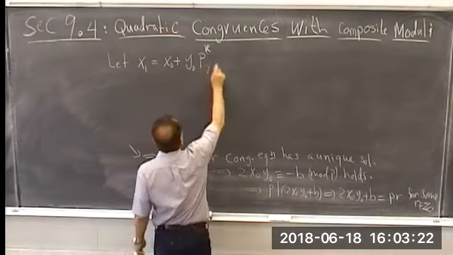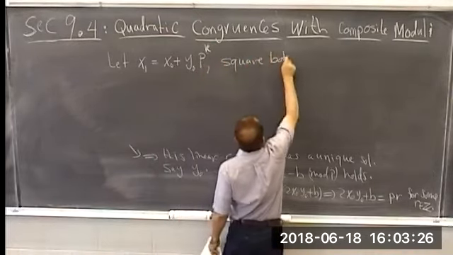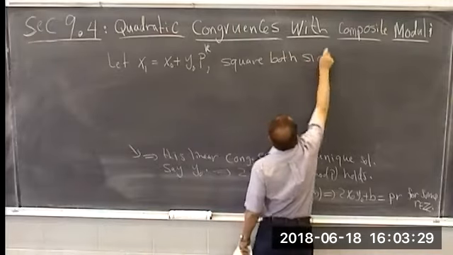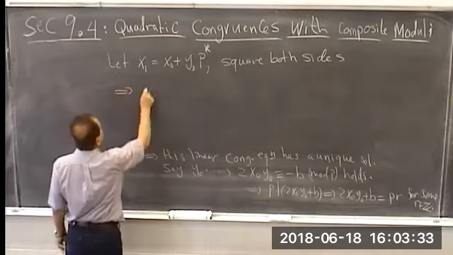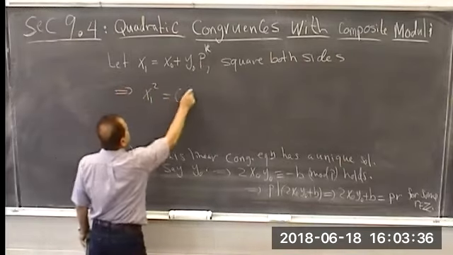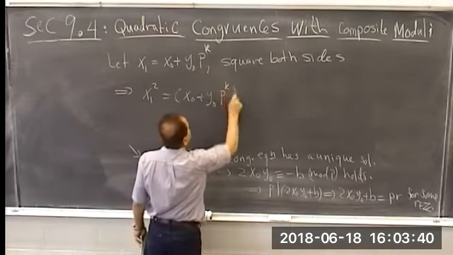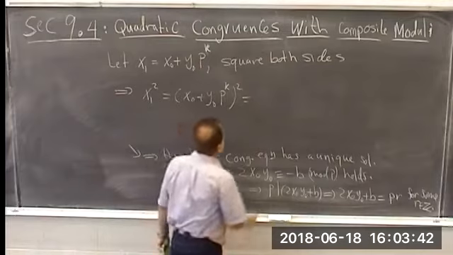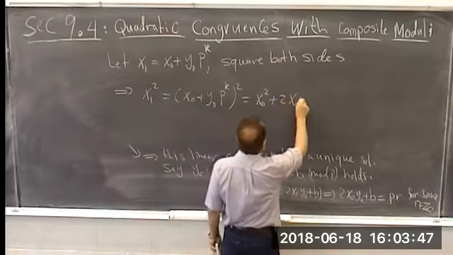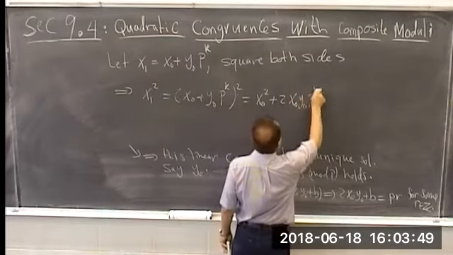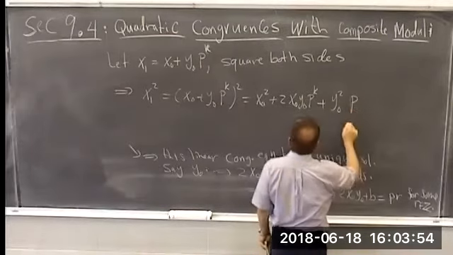Then we're going to square both sides of this. And this implies that x1 squared is equal to x sub 0 plus y sub 0 p to the k, squared. And this is equal to x0 squared plus 2 x0 y0 p to the k plus y0 squared p to the 2k.